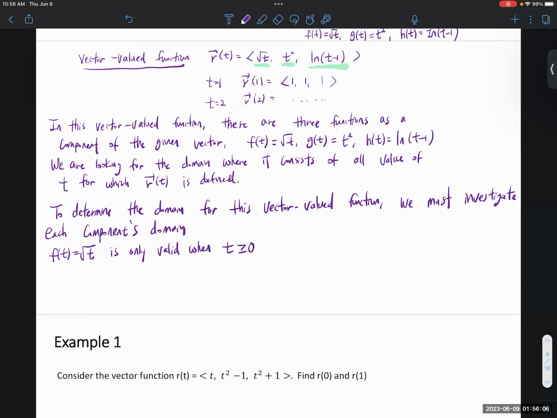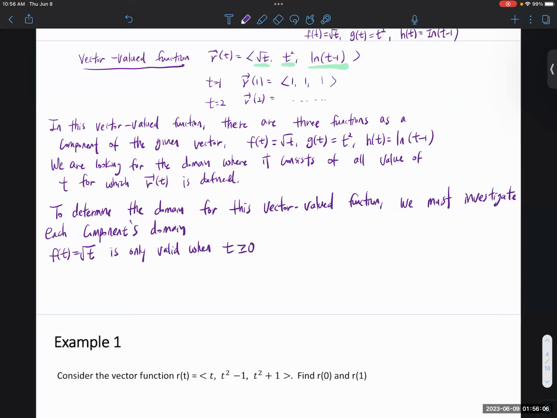So therefore, to find out that specific number where this R vector is reaching out to as t is approaching a certain number a, you just take the limit of each component. So we can say, I'm going to highlight it, we can find the limit of the vector valued function because you can take the limit of each component function.